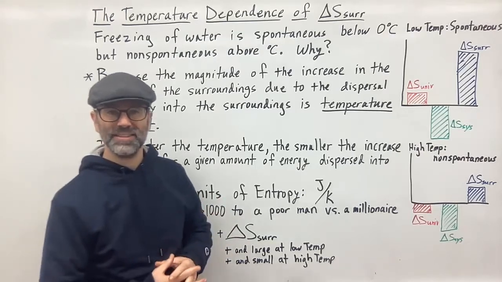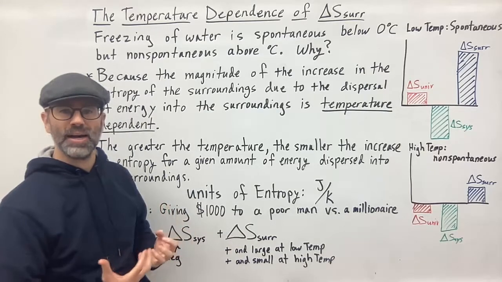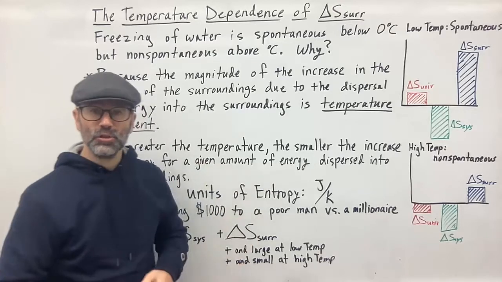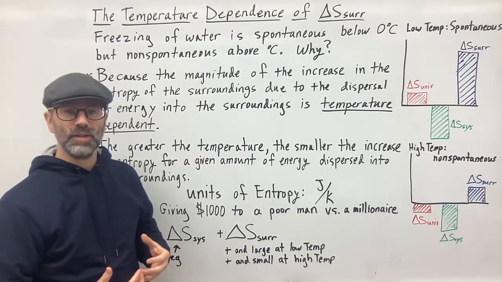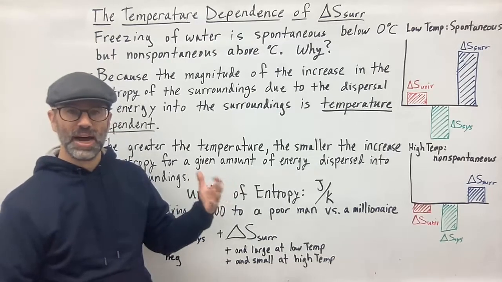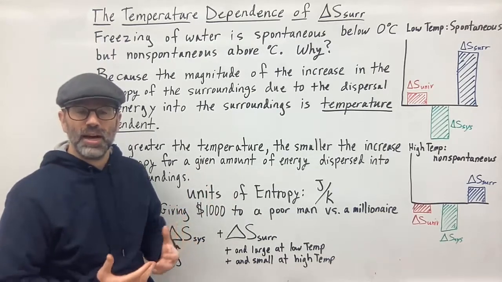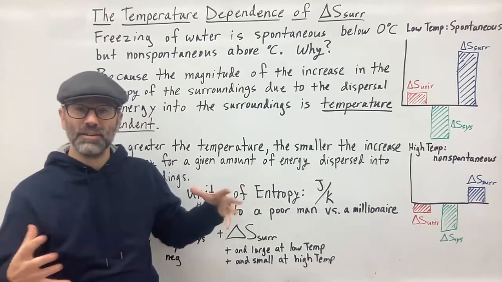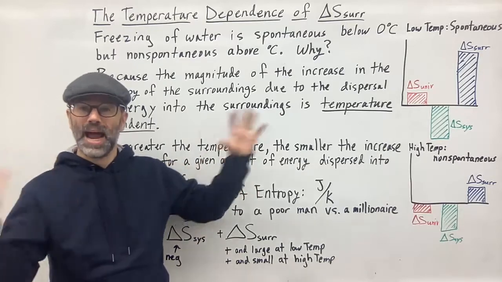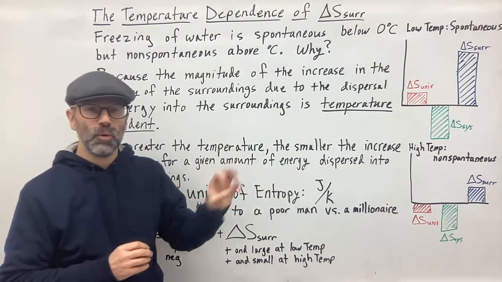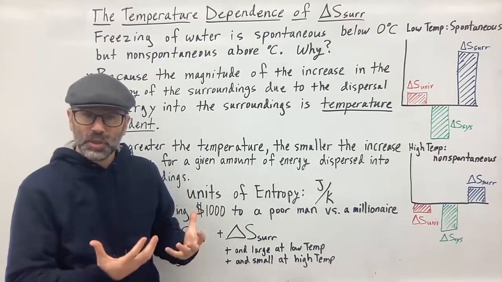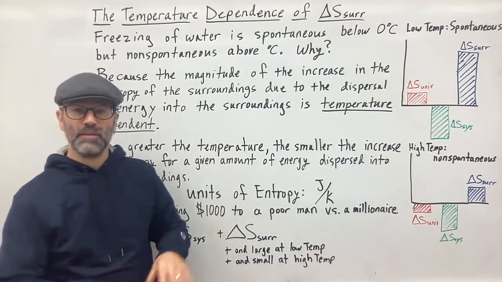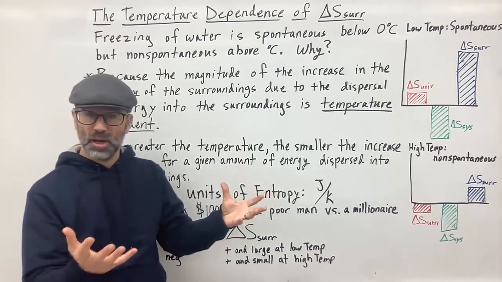That's a good analogy to think about why adding a certain amount of heat to the surroundings will not have as great an effect if the temperature is high versus low. At a high temperature, the surroundings already has a lot of heat energy in it, so adding a little bit more is not going to increase the entropy of the surroundings as much compared to colder surroundings.